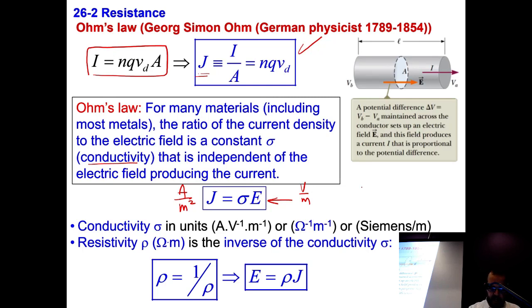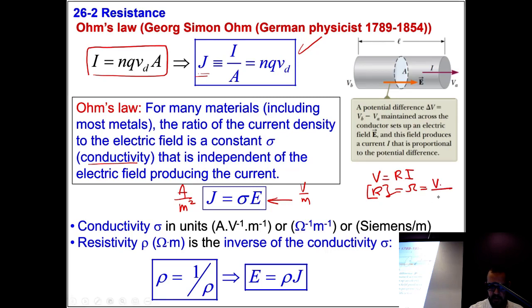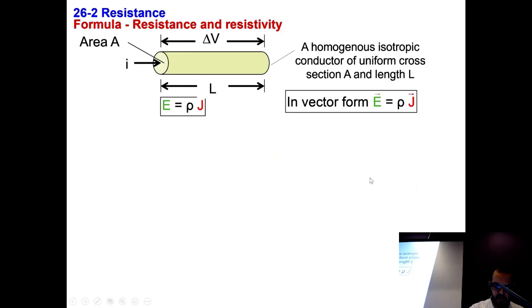And we know amps per volts is 1 over ohms, because V is equal to Ri, so the unit for resistance is ohms, which is volts per amps.